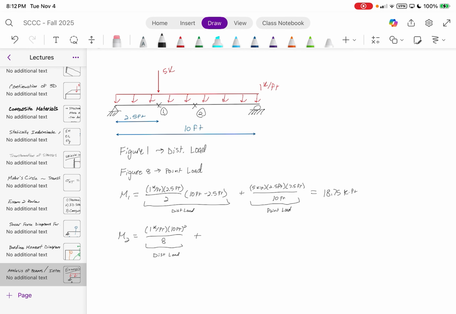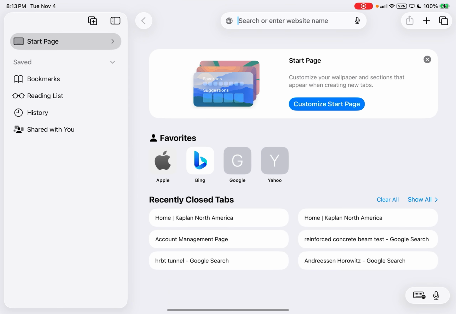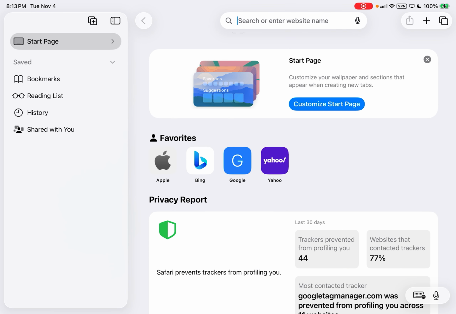I believe the way that this would be done, here, let's look it up, because you can find a lot of these also online.